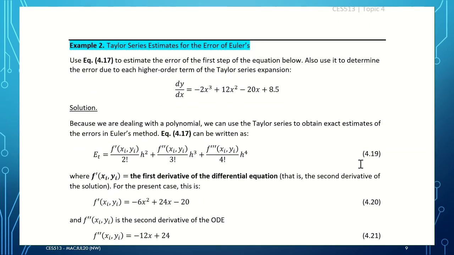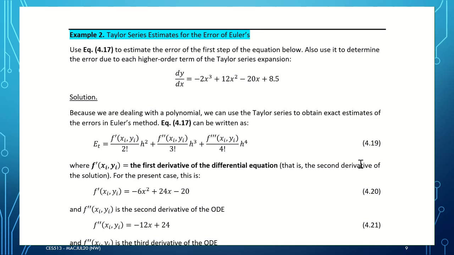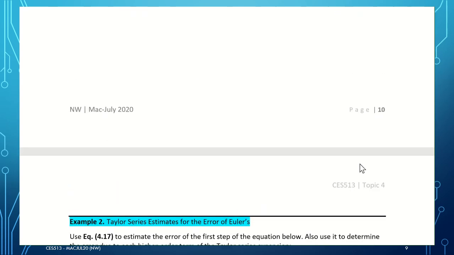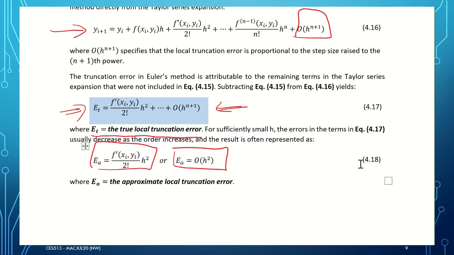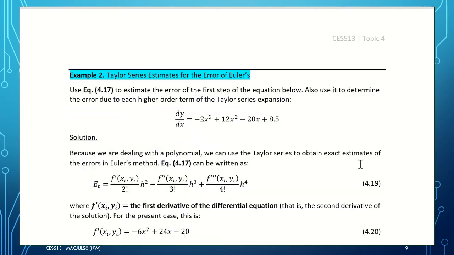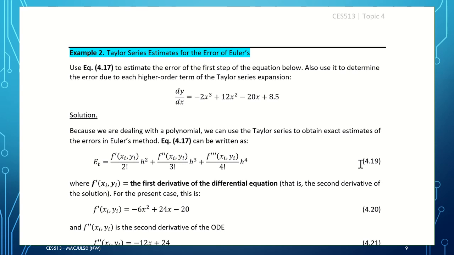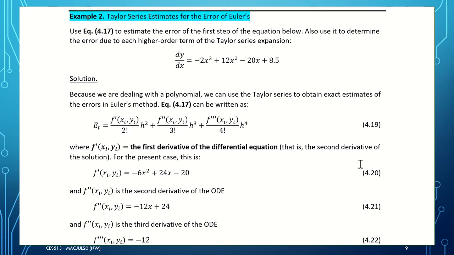Now we look at an example of Taylor series estimation for Euler's error. Using equation 4.17, the general equation for the true error, estimate the error of the first step of the equation below. Also use it to determine the error due to each higher-order term of the Taylor series expansion.